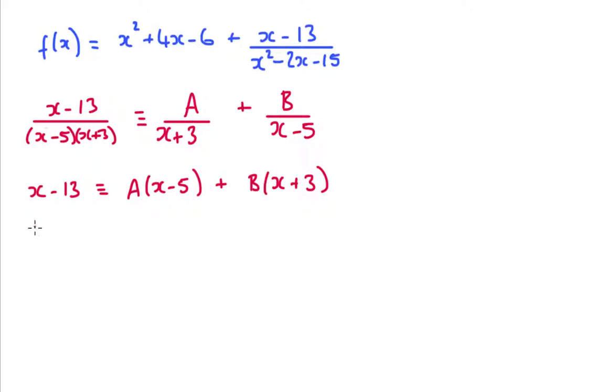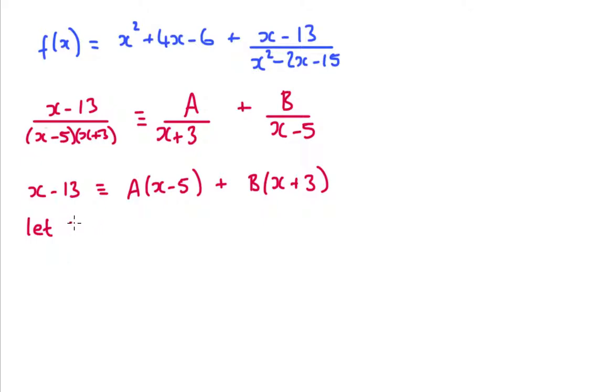To work out A and B, we then choose sensible substitutions. Because this is an identity, because it's true for all values of x, we can just zoom in on particular values of x that make the equation, the identity, simplify nicely down to something easy that will help us work out A and B. Usually we make the bracket one at a time worth 0.